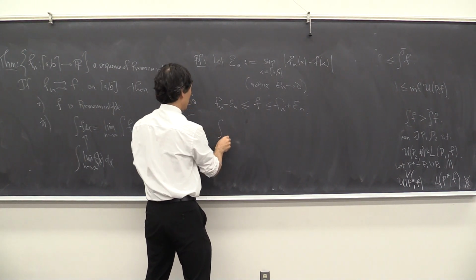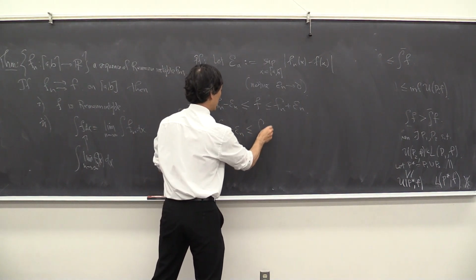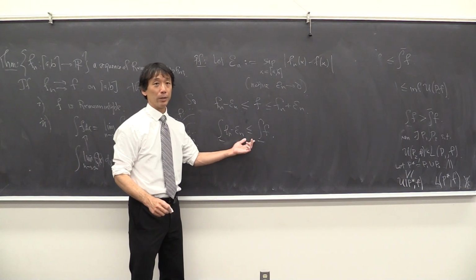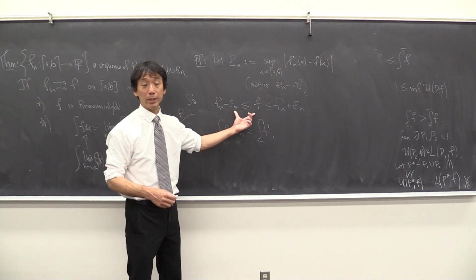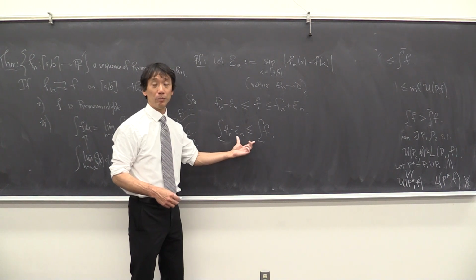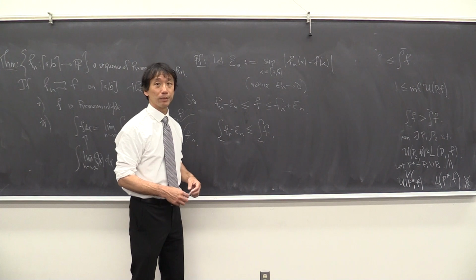So that tells us that if we take the lower Riemann integrals, then this inequality still holds, because we have this pointwise inequality, and it's still going to hold true when we take lower sums.